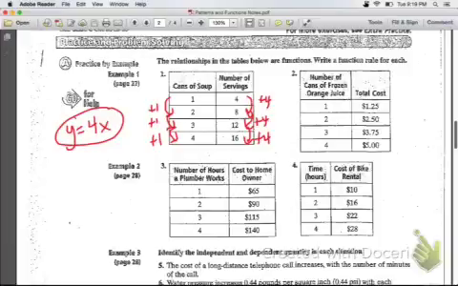Okay, how about number of cans of frozen orange juice? Going up by 1. And how is it changing here? It looks like it's increasing by $1.25 each time.